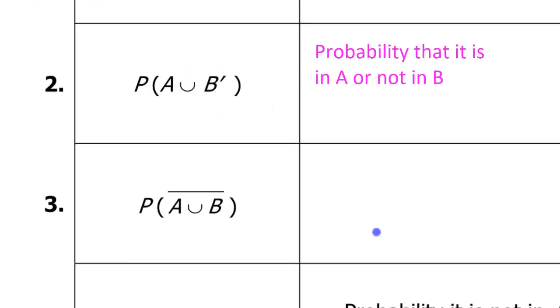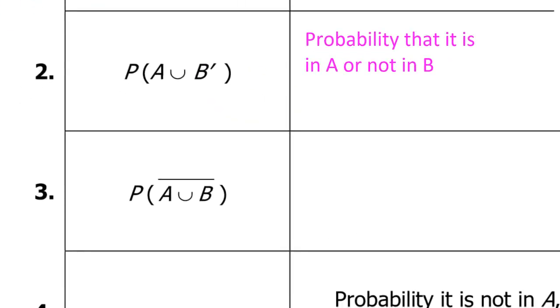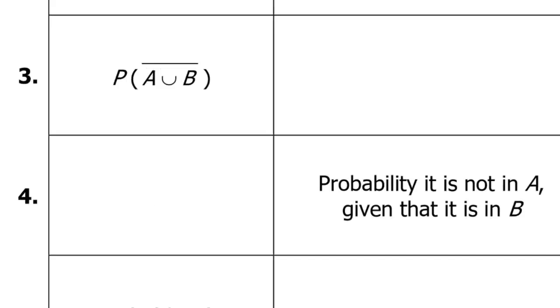Okay, so let's switch over and take a look at number 13. So having a little line over it is another way of showing the complement.